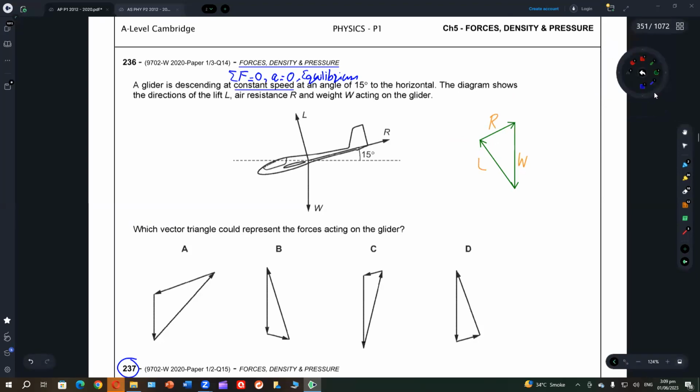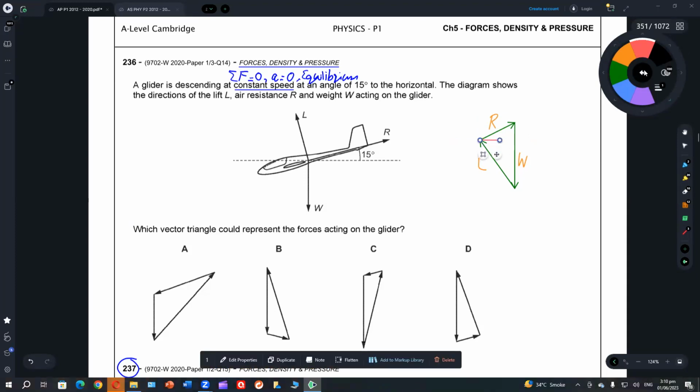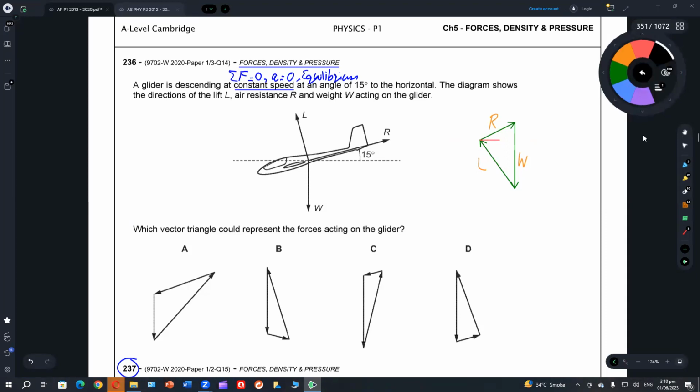So is triangle D equal to this one? We have to see which one actually matches with it. Which vector triangle could represent the forces acting on the glider?